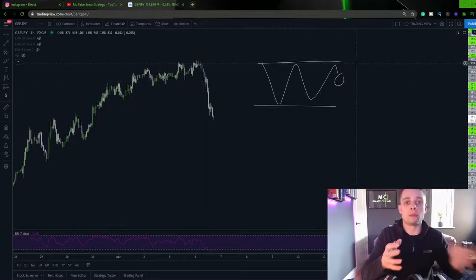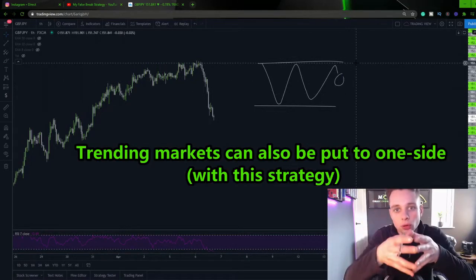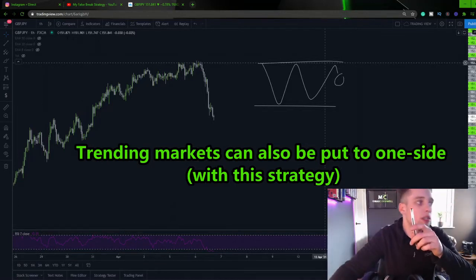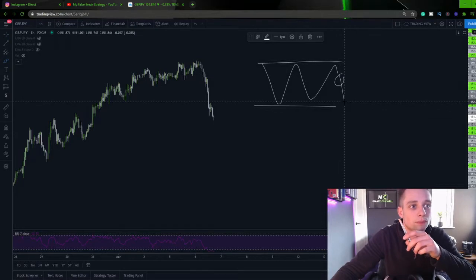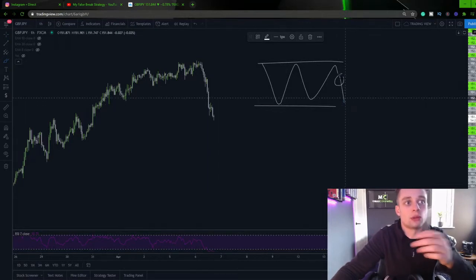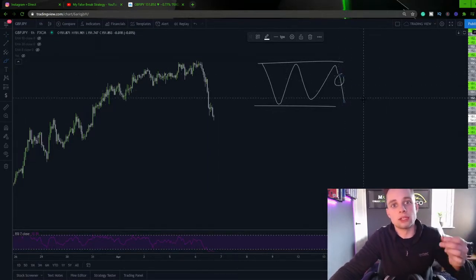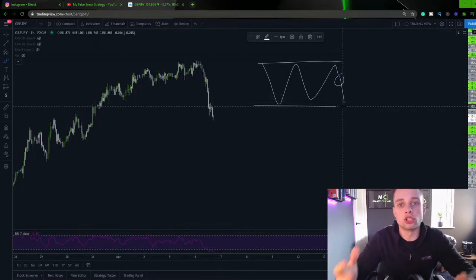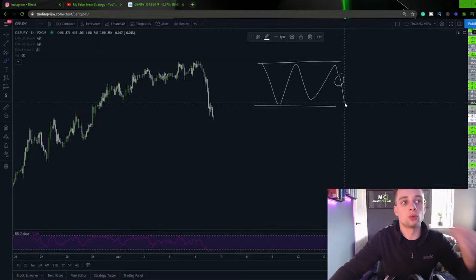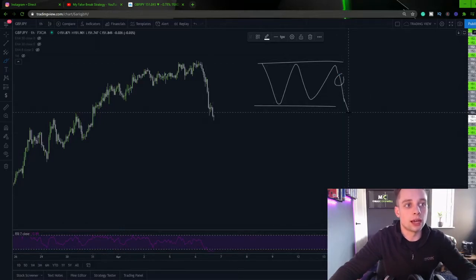So we can put that pair to the side, and we can narrow down our watch list, right? So when the market gets to this level and starts to approach down here, which bearing in mind is going to be a few days, maybe even a few weeks, then you can put it on your watch list and think, right, okay, now I need to watch this pair just in case I get a false break, right?